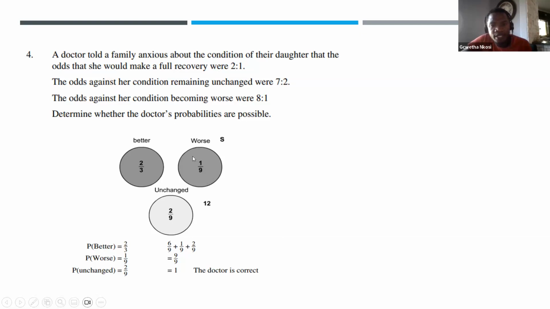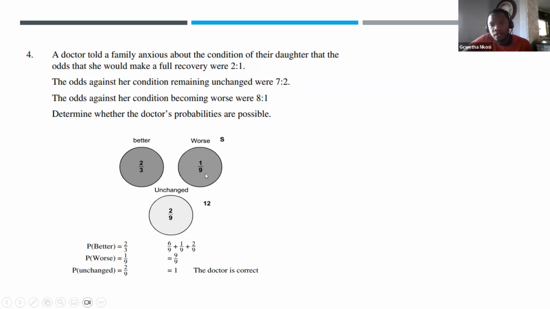so here, 8:1. You want this in terms of a probability. It means the sample is 9. So 9 minus 1, you've got 8. Out of 9 chances, only 1 is worse.